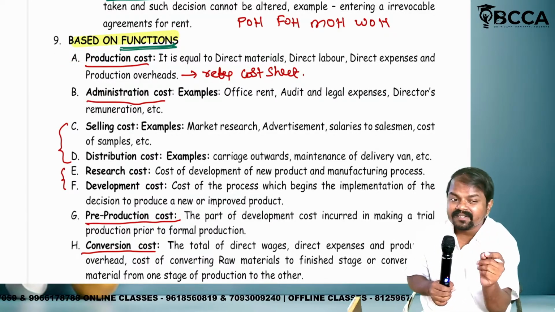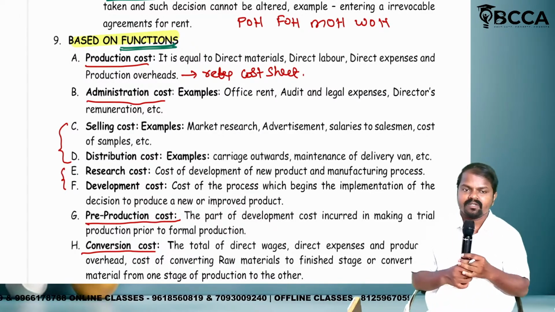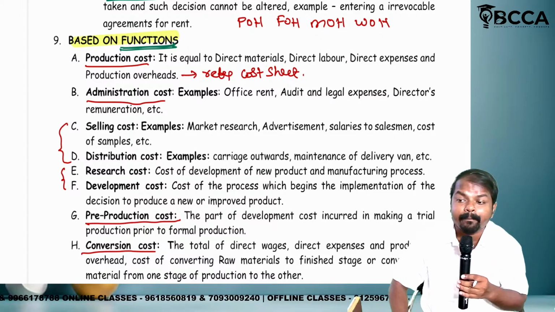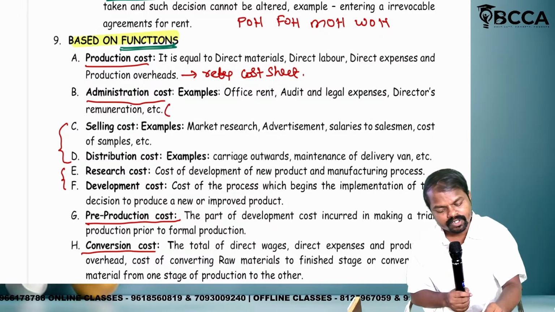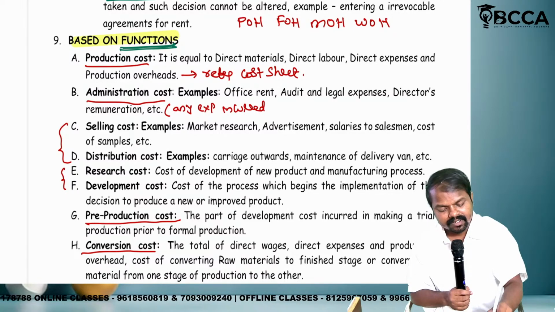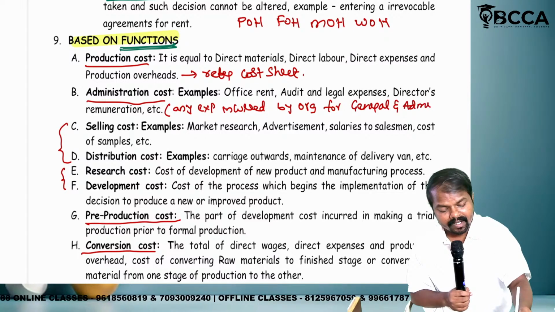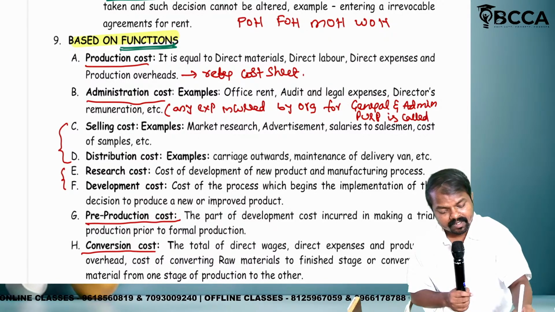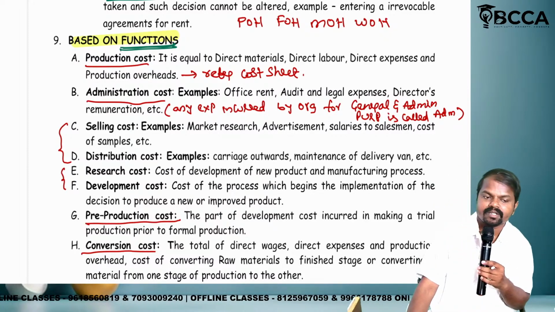Administration cost. Listen. Any expenses incurred for general and office administration purposes. Such expense is called administration cost. Please make a note. Any expense incurred by the organization for general and admin purposes is called administration cost.